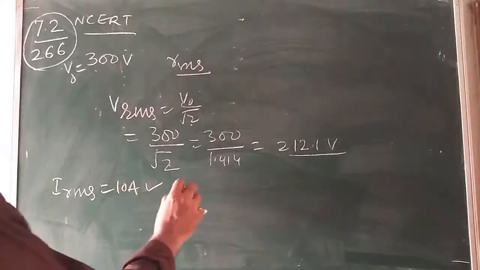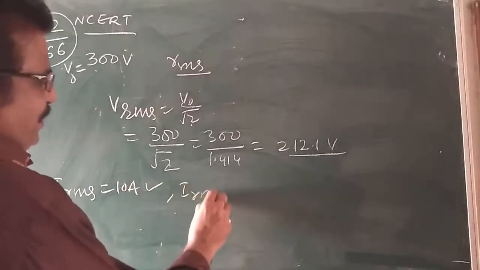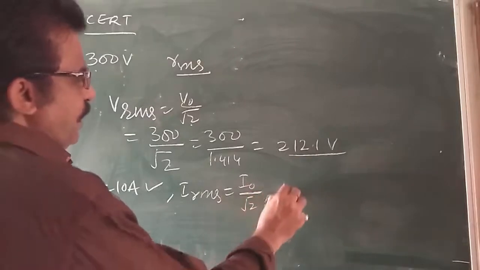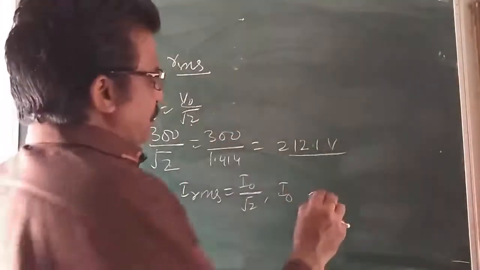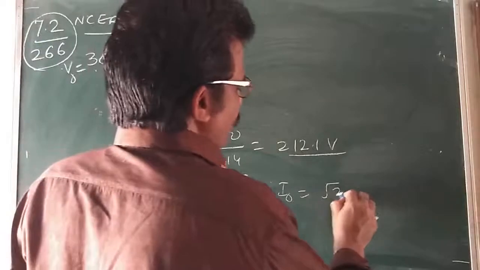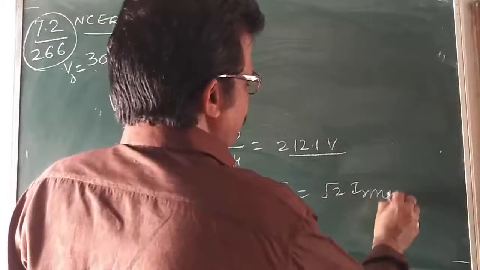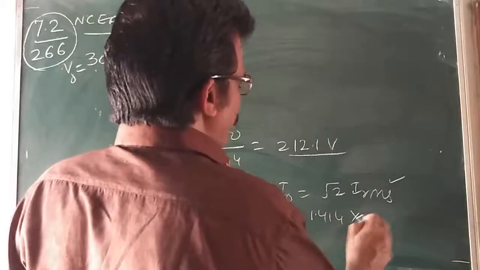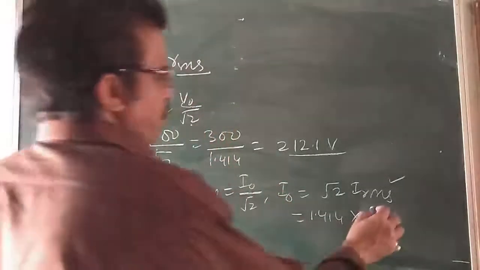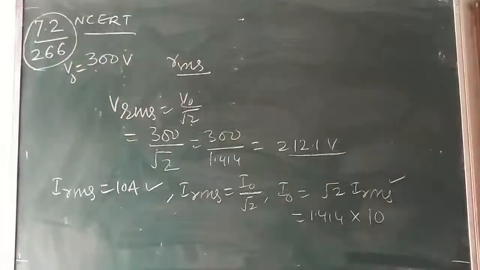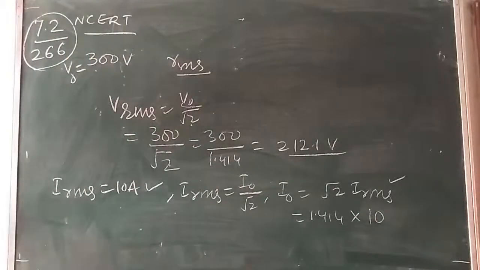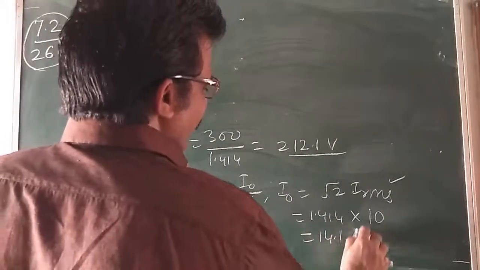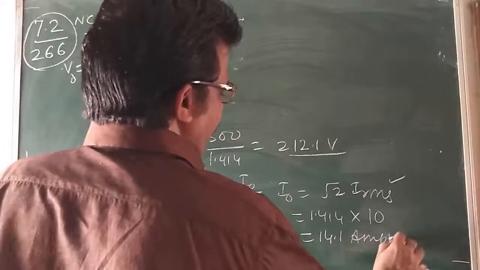Our formula is again I of RMS is equal to I naught by root 2. I have to find I naught, so I can write root 2 into IRMS, that is 1.414 into 10 ampere. Multiply it and we get the answer, 14.1 ampere. Sir, ये तो बहुत easy है.